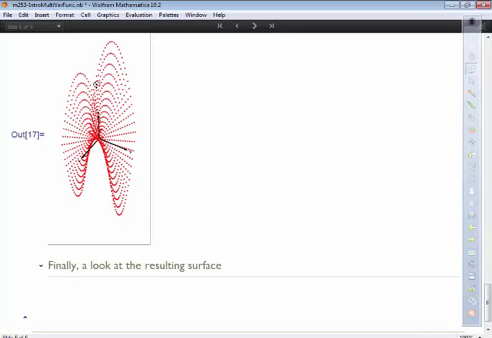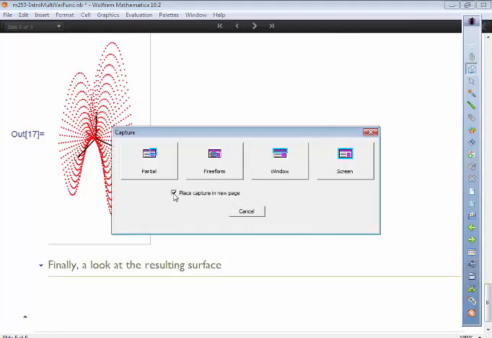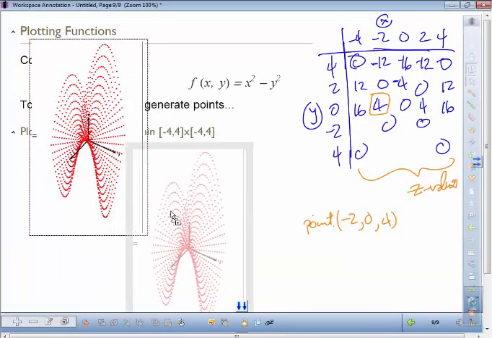By the way, what's the official name for this saddle? You remember? What? No. That's an even more unofficial name. Hyperbolic paraboloid. Hyperbolic paraboloid.